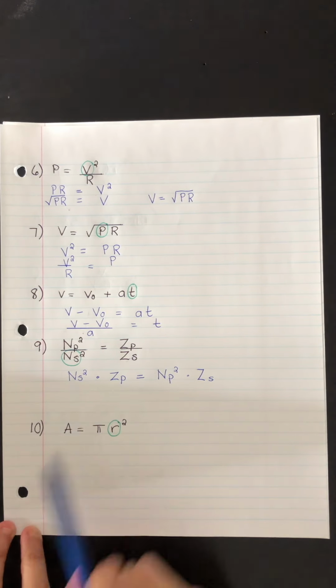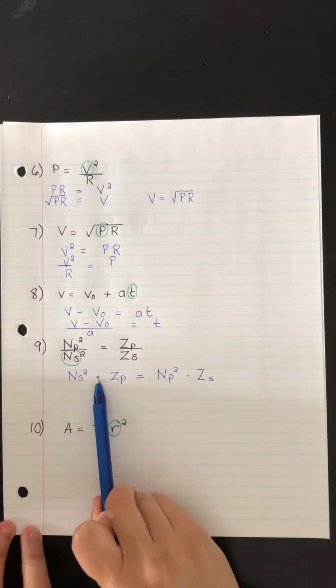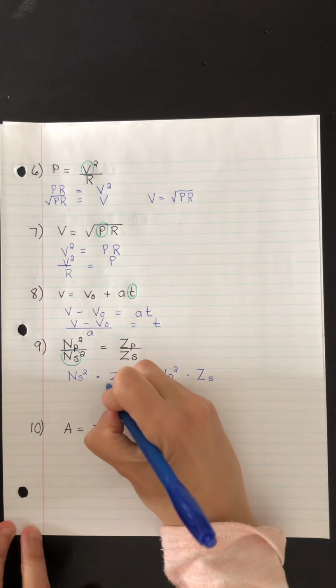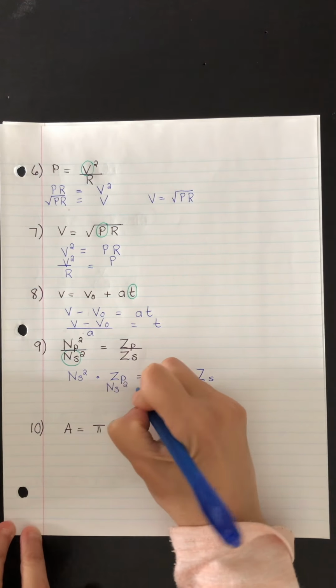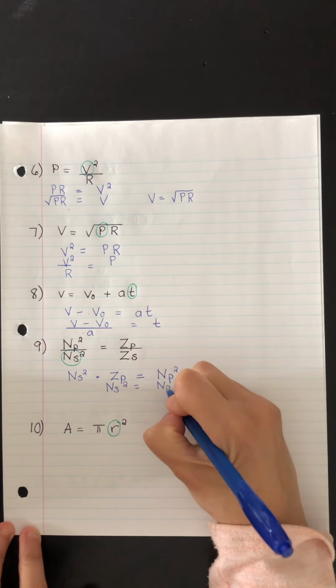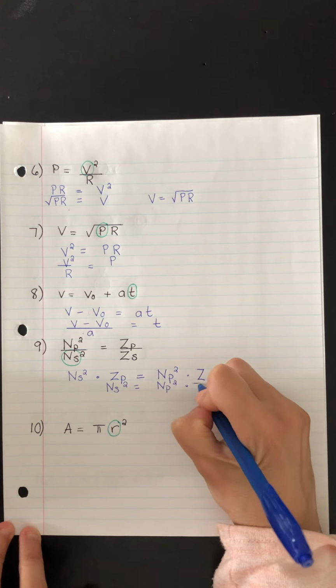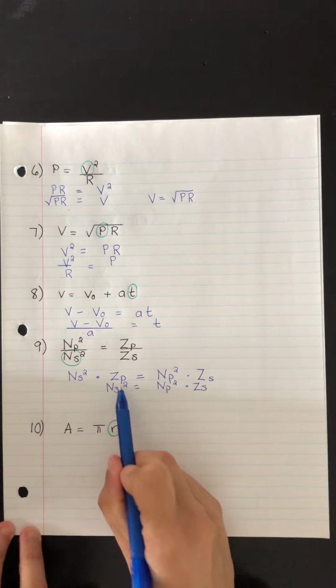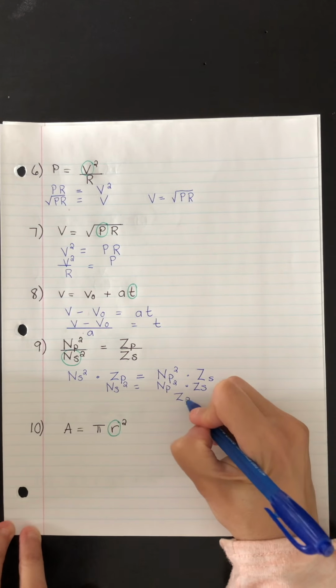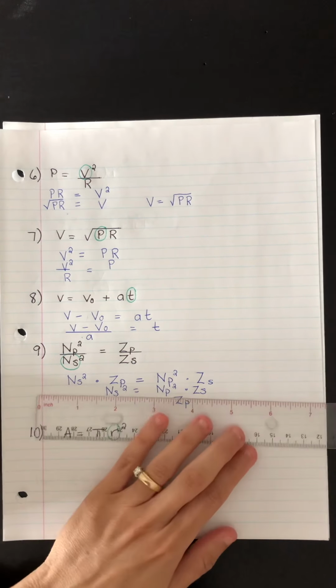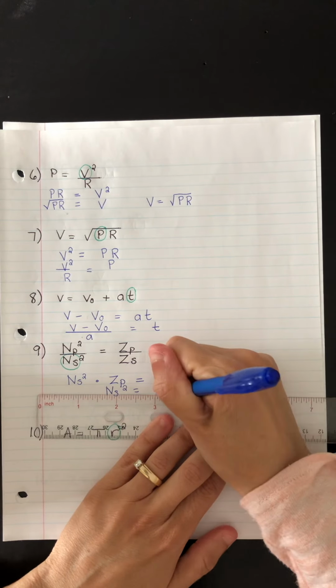What does that involve? This is multiplication, so we do its opposite, which is division. So now we will have NP squared times ZS divided by ZP. So we have divided both sides of the equation by ZP.